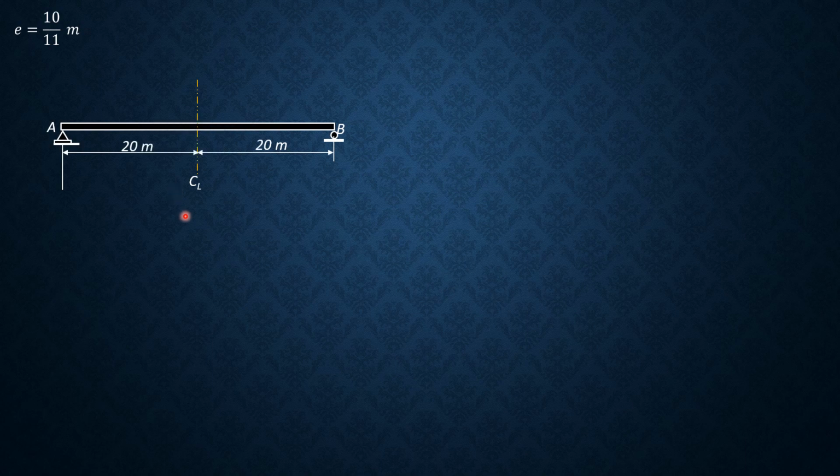So E is 10 over 11. We then position the resultant and the 100 kilonewton load such that their center is also the center line of the beam, by principle, as shown. So R is 275, the distance is E, so the distance of this center 100 kilonewton load from B is 20 minus E over 2.